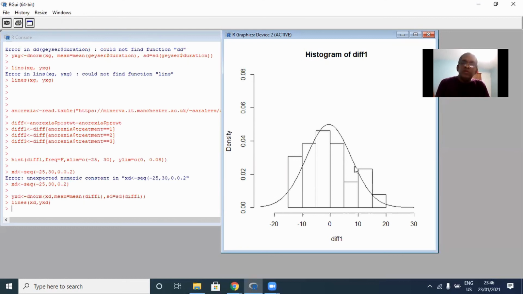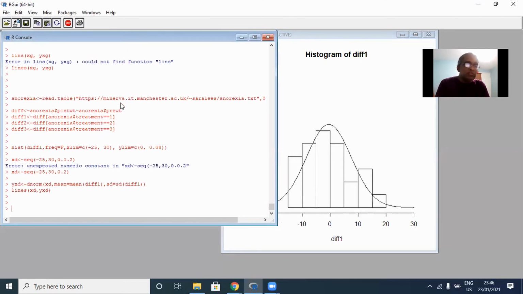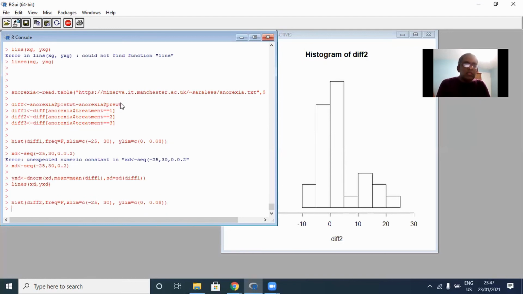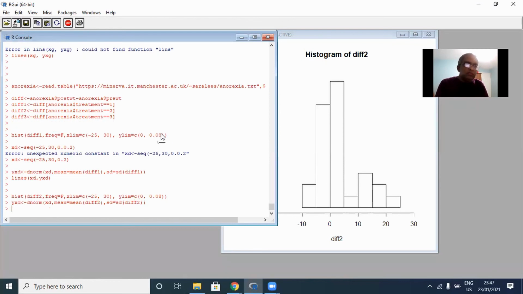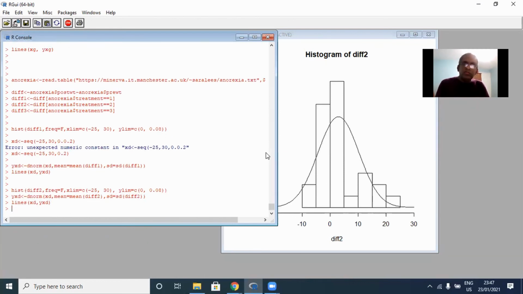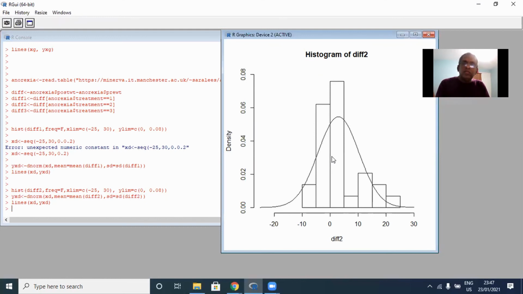So this is for treatment 1, and you do the same thing for treatment 2. So for treatment 2, you repeat the hist command with diff1 replaced by diff2, right? xd is the same, so this is the histogram. For yxd, you change diff1 to diff2, and then you do the lines command. So this is the fit for treatment number 2. Again, the fit is not perfect, but it's not really bad, right?